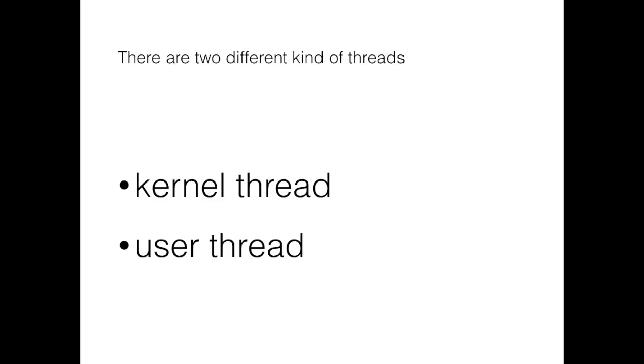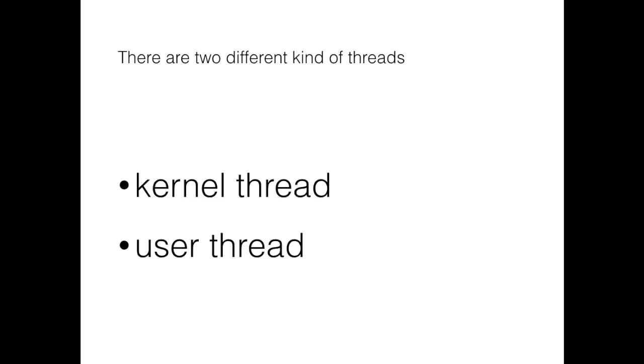Now there are two different kinds of threads. One is a kernel thread and the other is a user space thread, or user thread. Kernel threads are part of the operating system, while user space threads are not implemented in the kernel.